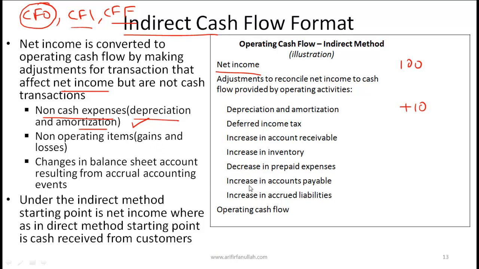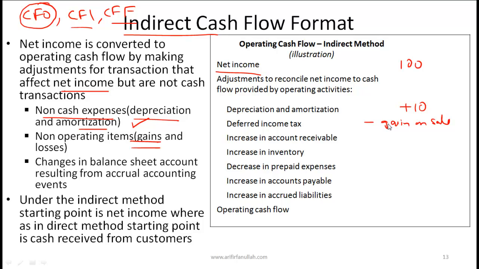Not shown explicitly over here, but let's say that you have a gain in sale of assets. If there was a gain in sale of assets, then that would have also been included in the net income. So you actually subtract any gain on sale, because this gain on sale is not considered an operating cash flow.